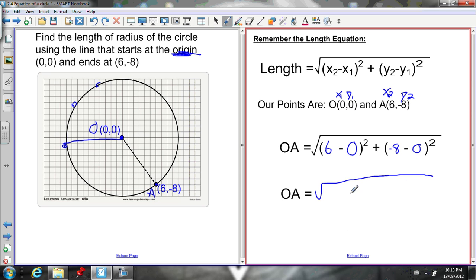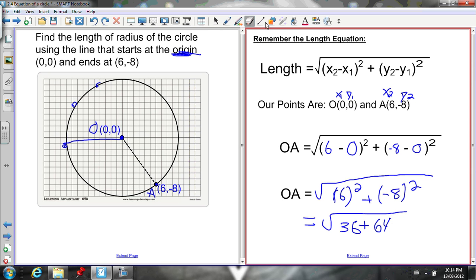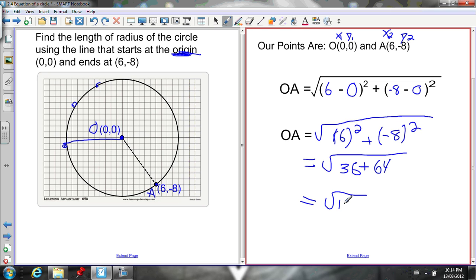So 6 minus 0 is just 6, and -8 minus 0 is just -8. Square those. 6 squared is 36. -8 squared: a negative number squared becomes a positive number, anything squared is positive, so -8 times -8 is positive 64. 36 plus 64 conveniently gives us 100, which we can square root nicely. The square root of 100 is 10.